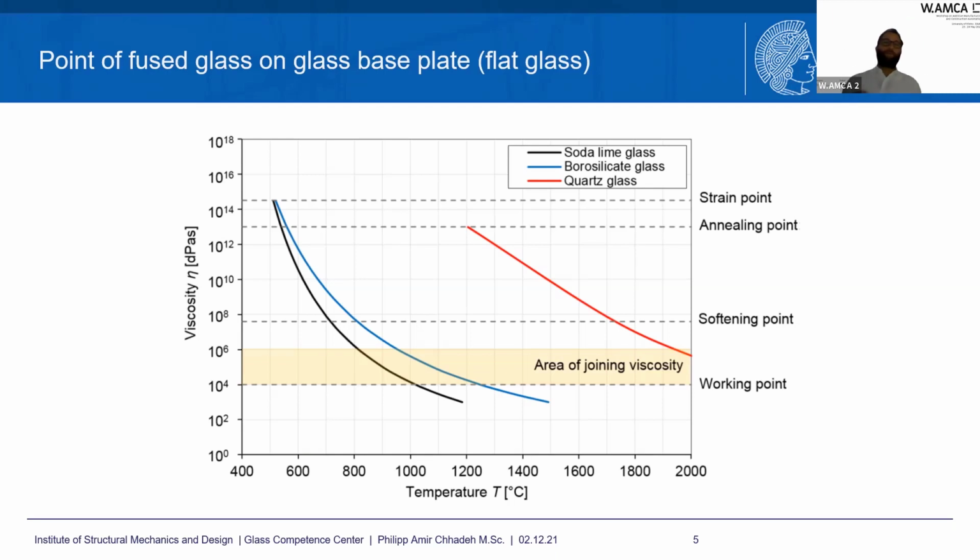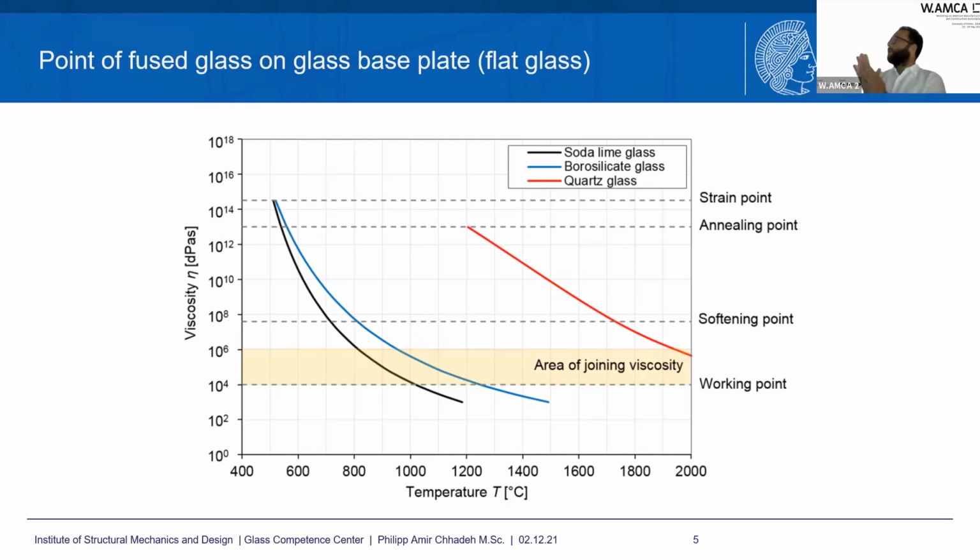So we have to keep in mind the characteristic points of glass: the strain point and the annealing point, which correlate here to a temperature, and then the softening point and the working point. At the working point, glass has a viscosity like honey. I think everybody knows honey from a tube, when you squeeze it out. This is the viscosity we're talking about.